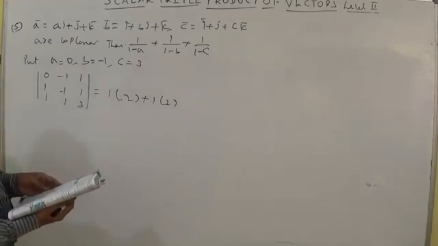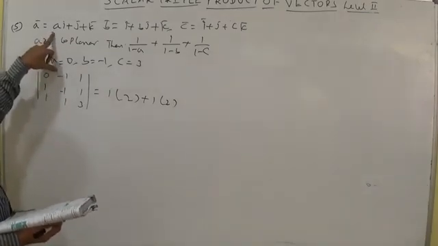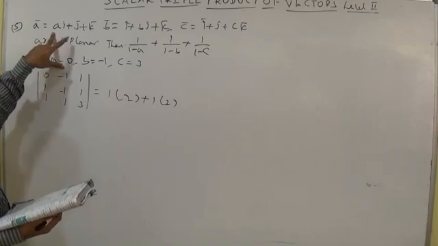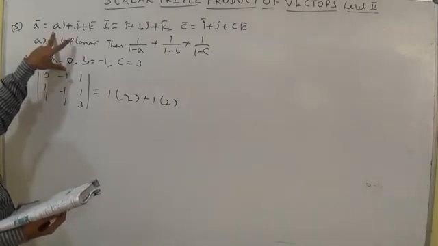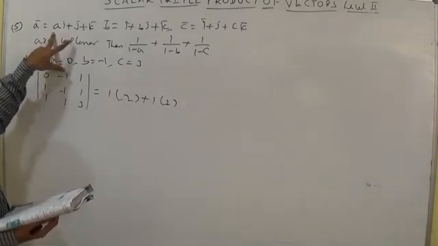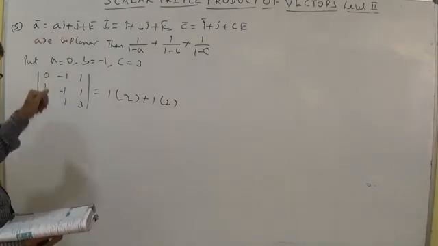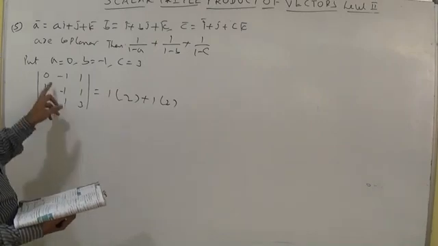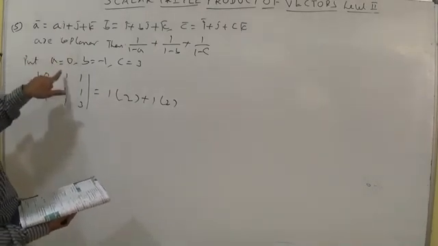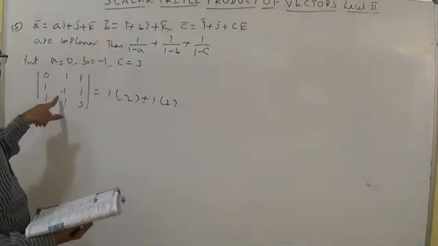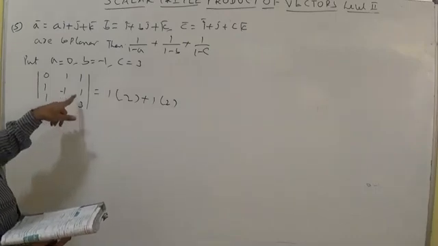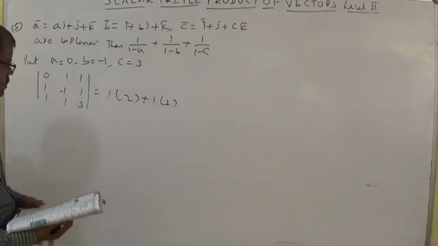Whenever you take this one, ai plus j plus k, i plus bj plus k and i plus j plus ck, a, b, c are not equal to 1, that is why I took separate numbers. This is 1, only 1 and 1. This is 1, minus 1, and this is 1, 1, 3.